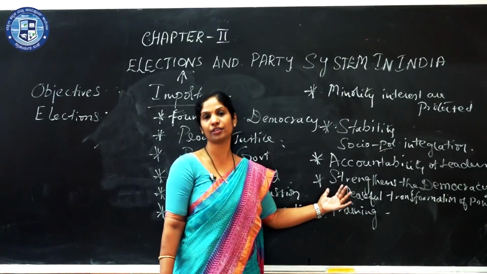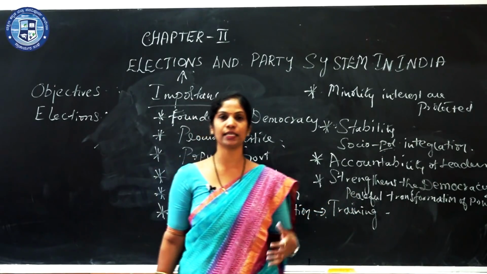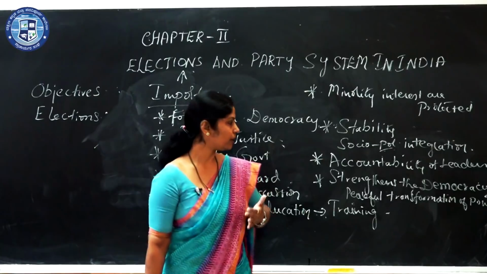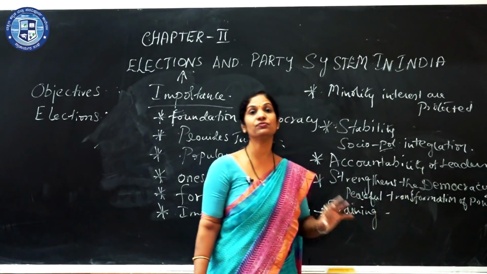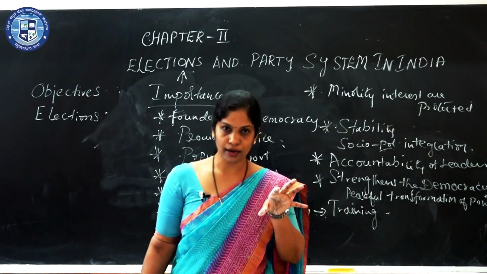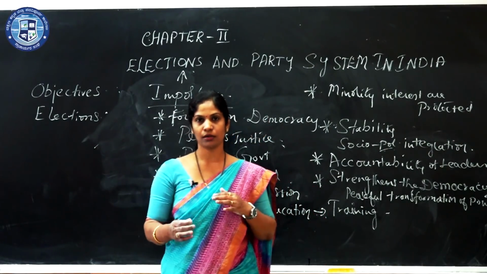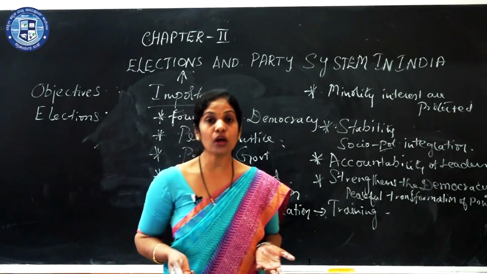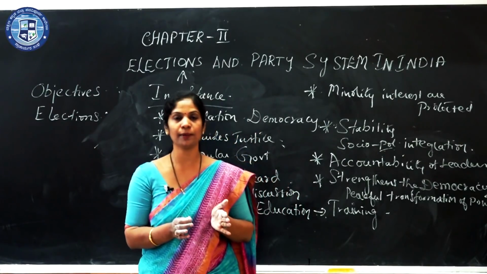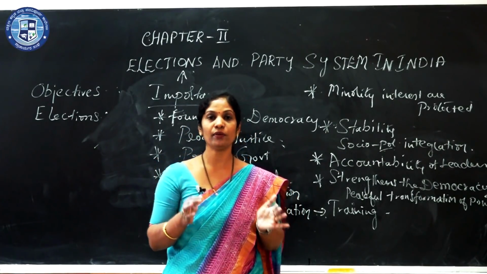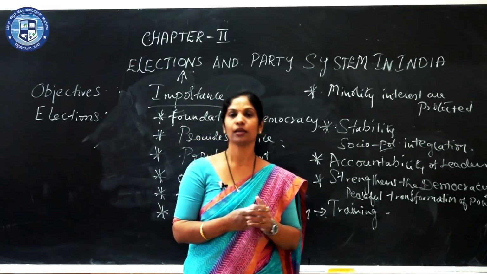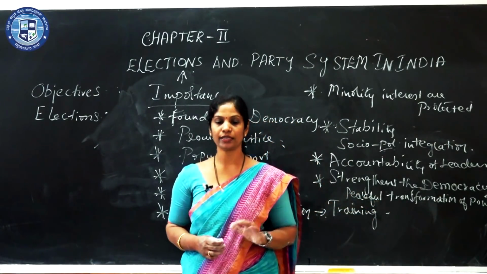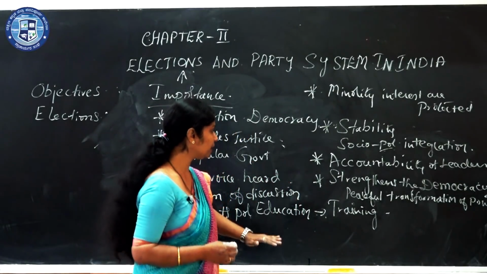Other than elections, you might have seen what happens in dictatorial systems or single party systems. The power is not obtained through peaceful transformation. There exist revolutions, or the leaders come to power through revolutions or conflicts. But wherever they follow the procedure of election, the transformation of power will be in a peaceful manner. That is why elections are very important in a democratic system.